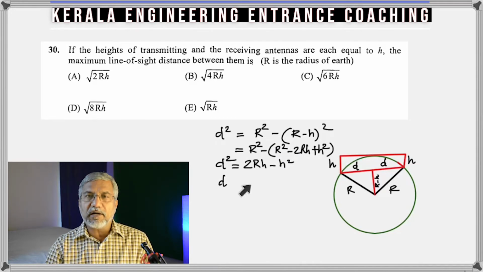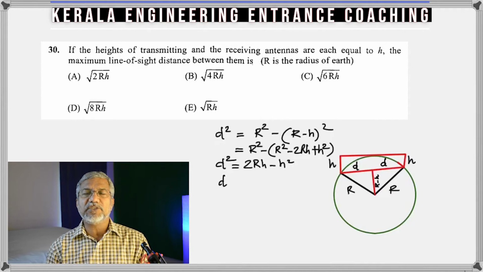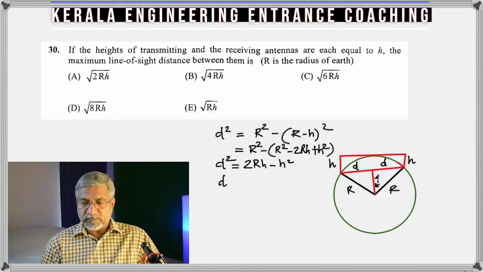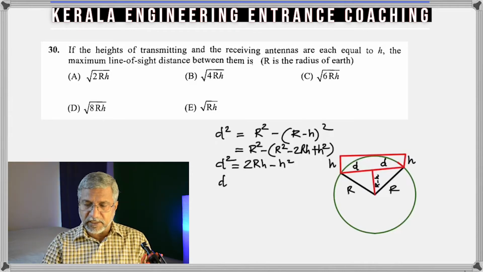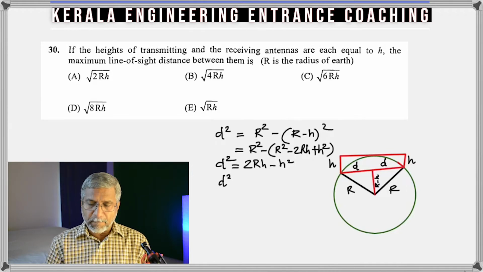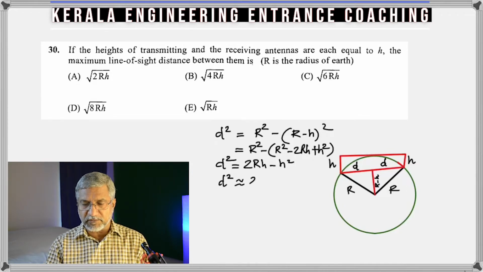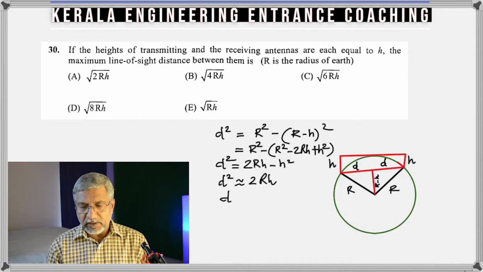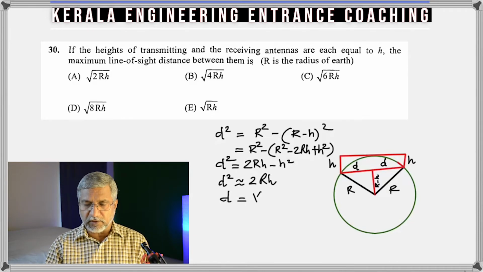But then remember, r is the radius of the Earth, which is really big. It's about 6,400 kilometers. And h is a very small quantity. That means this h squared is negligible compared to 2rh. So when you neglect that, you're going to get d squared is approximately equal to 2rh, from which you get d is equal to square root of 2rh.